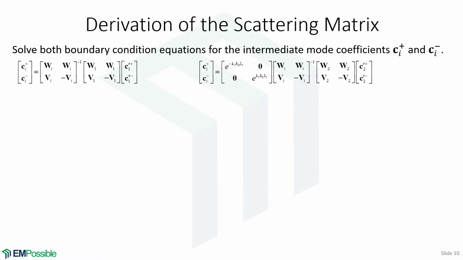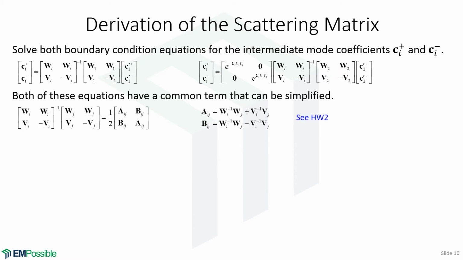Now at this point, notice both of these expressions have a somewhat complicated matrix division going on. We have the eigenvector matrices for medium 1 being pre-divided by the eigenvector matrices of layer I. And a similar thing is happening over here, except we have the layer 2 eigenvector matrices. So the next step is to handle that.